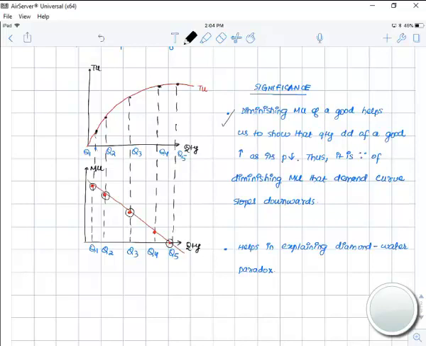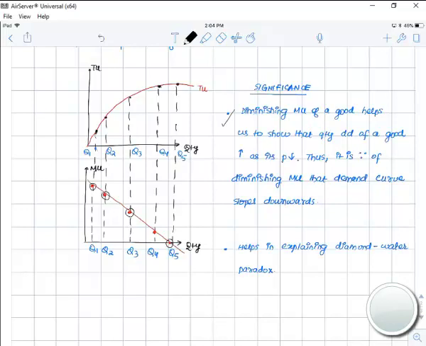Secondly, it also helps us in explaining the diamond and water paradox, right? You have to understand how the price of a commodity is determined. Price of the commodity is not determined by the total utility. It is determined by the marginal utility which that particular good provides you.